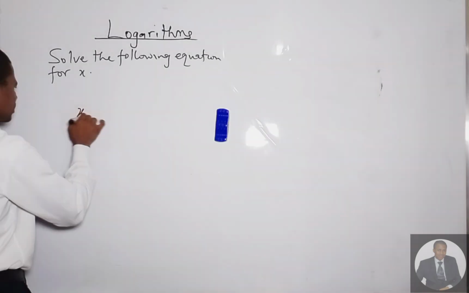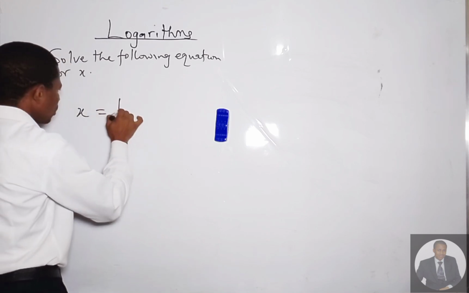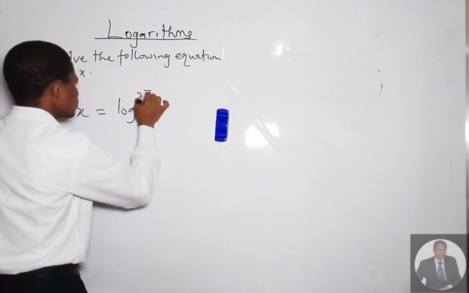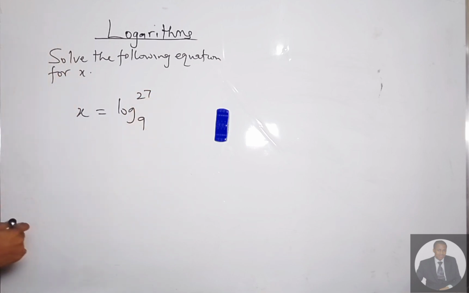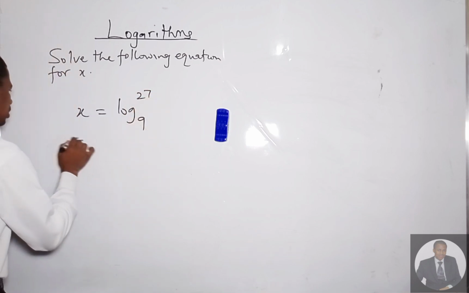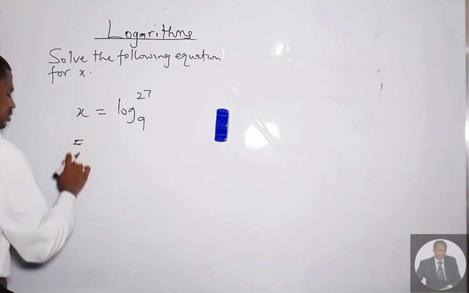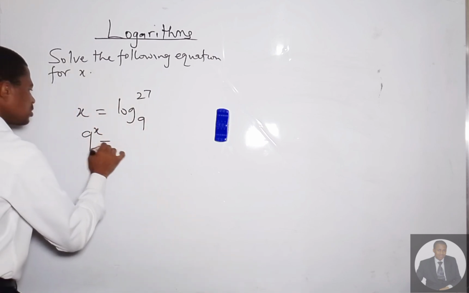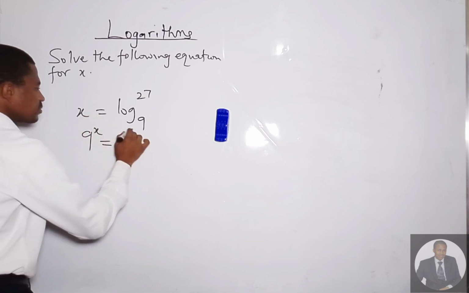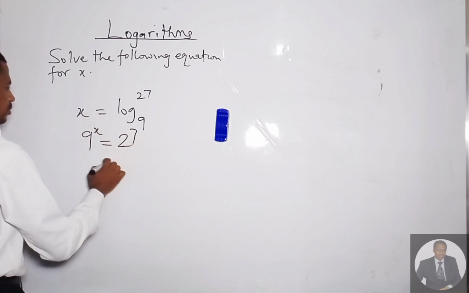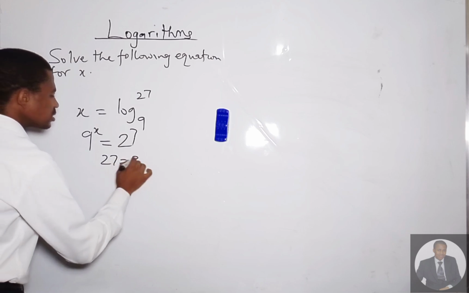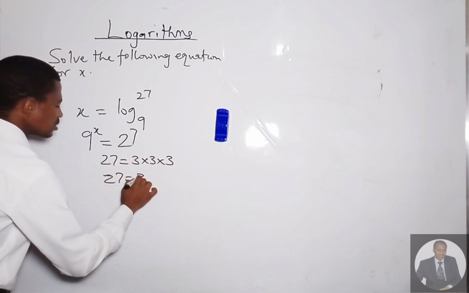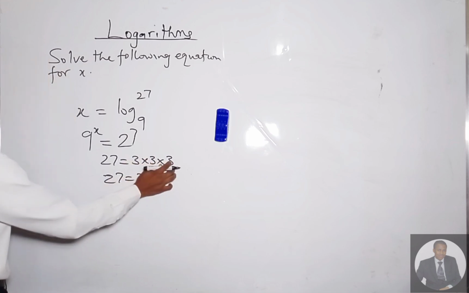Another question, x equals log 27 to the base of 9. So this simply means 9 to the power of x equals 27. Now what's 27? 27 is the same as 3 in 3 places, so 27 is the same as 3 raised to the power of 3. 3 times 3 is 9, 9 times 3 is 27.